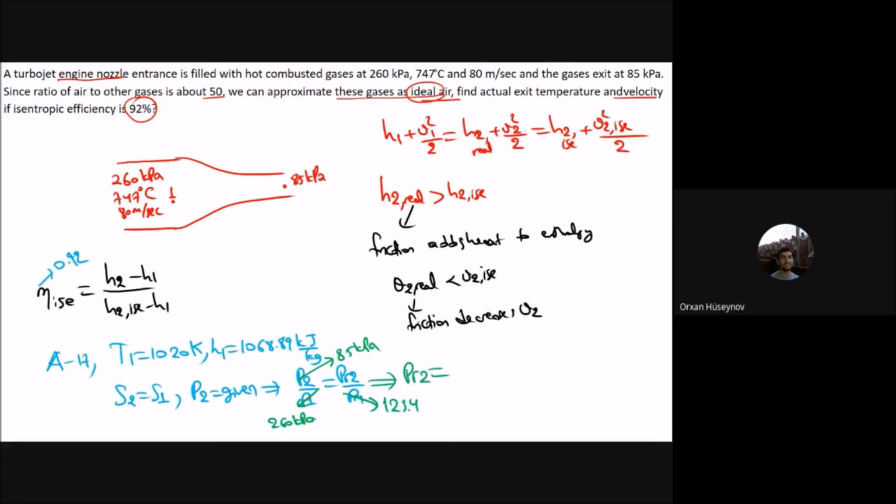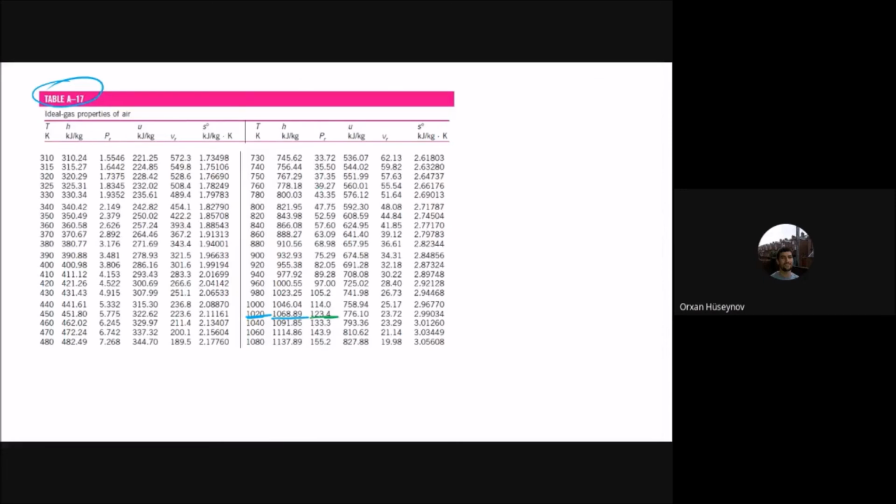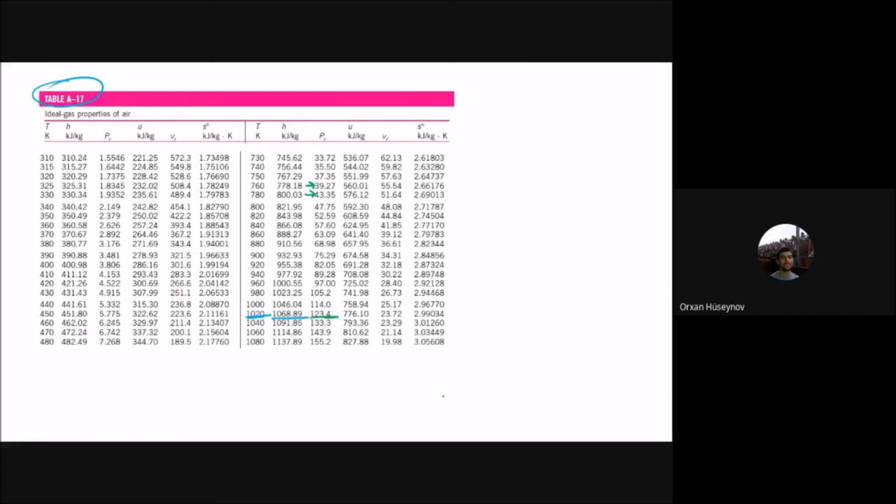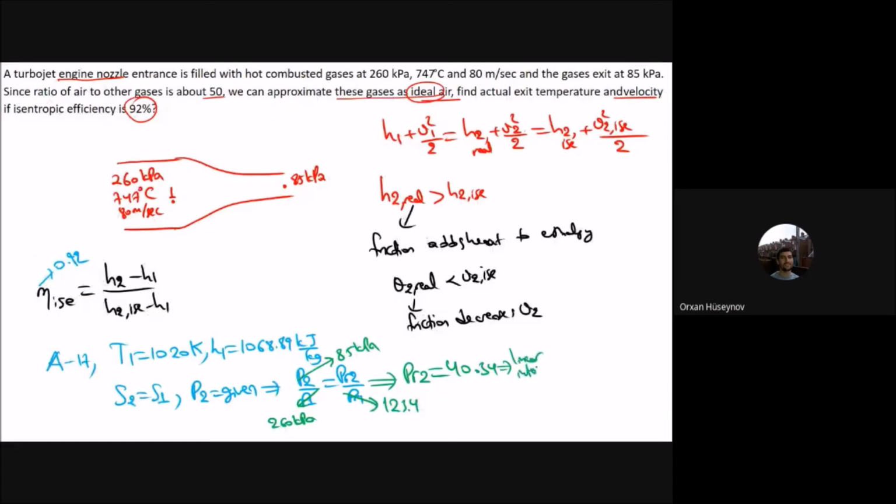The PR2 value will be equal to 40.33. Let's go back to the chart. For PR value, this one is 39.27, this one is 43.35, and therefore you will use linear interpolation. If you use linear interpolation, you will get the temperature at 2 equal to 765 Kelvin.